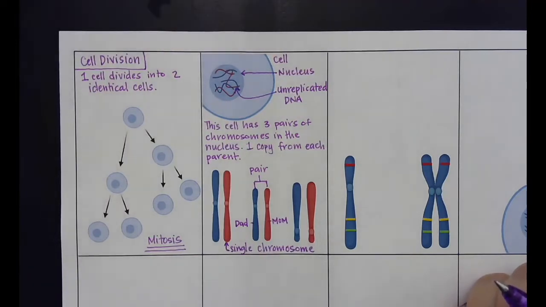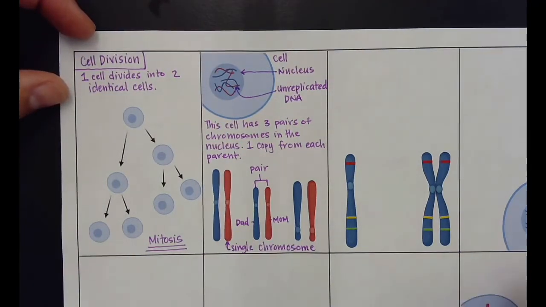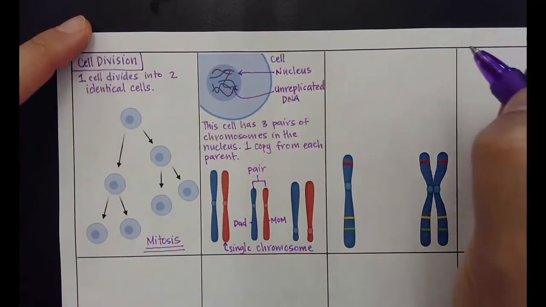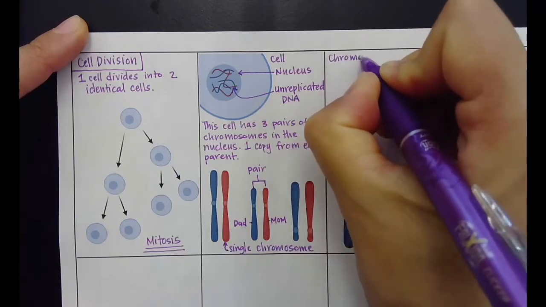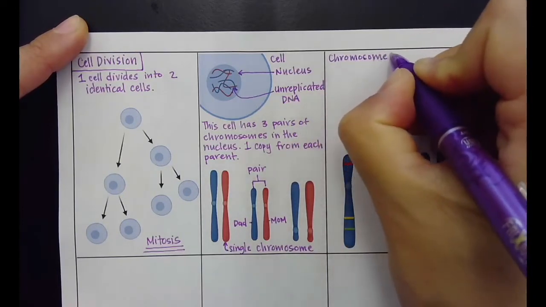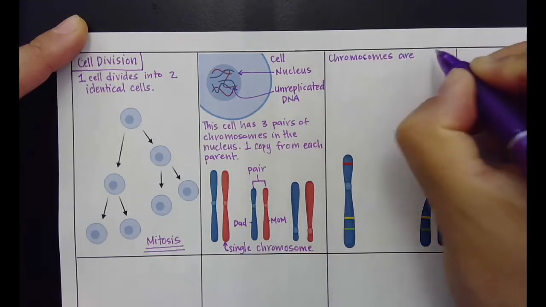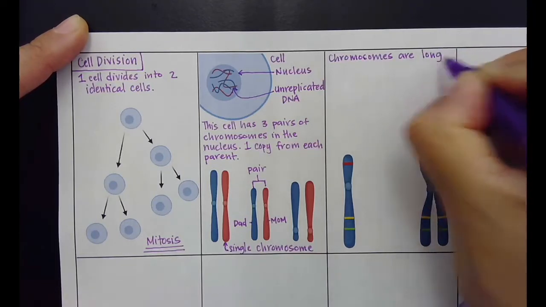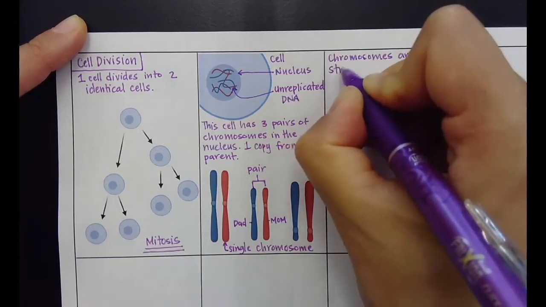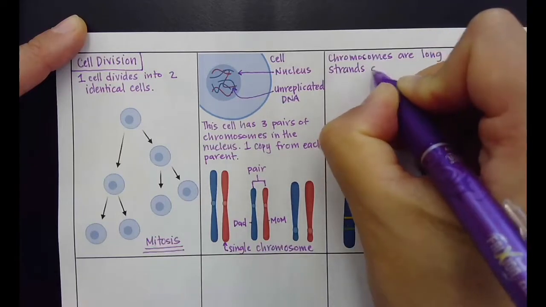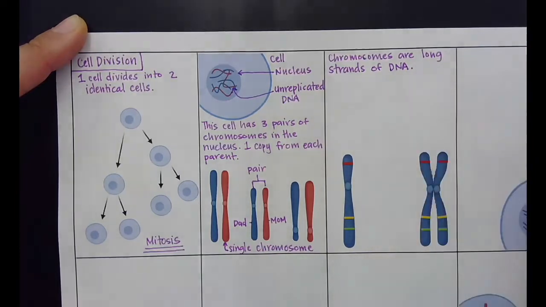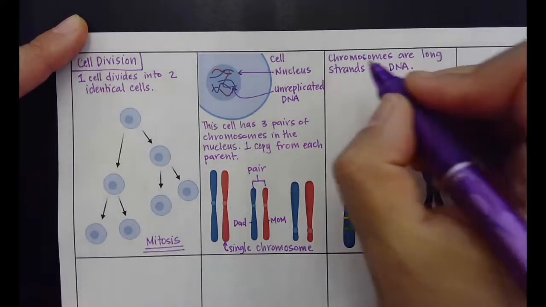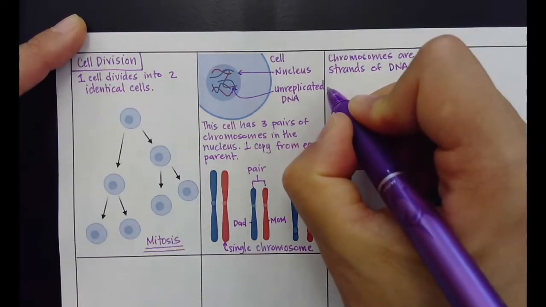And chromosomes are the way that DNA is stored. So chromosomes are really just long strands of DNA. And then genes are segments of DNA that code for specific traits.